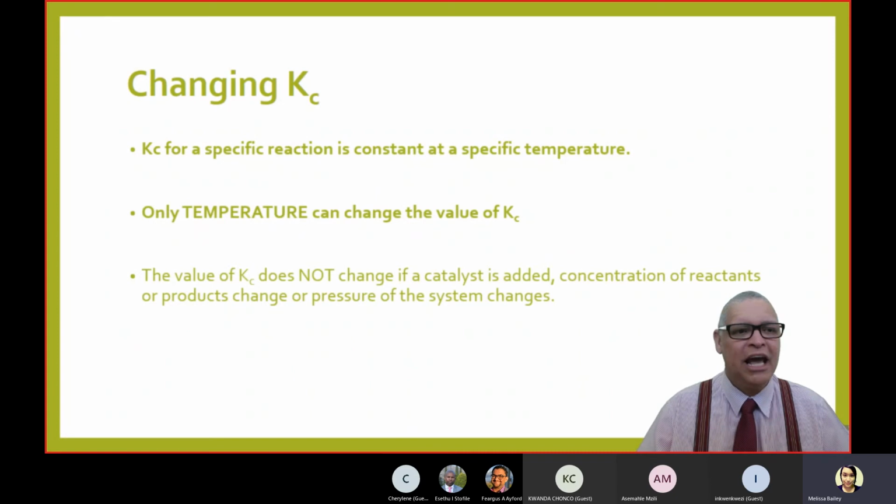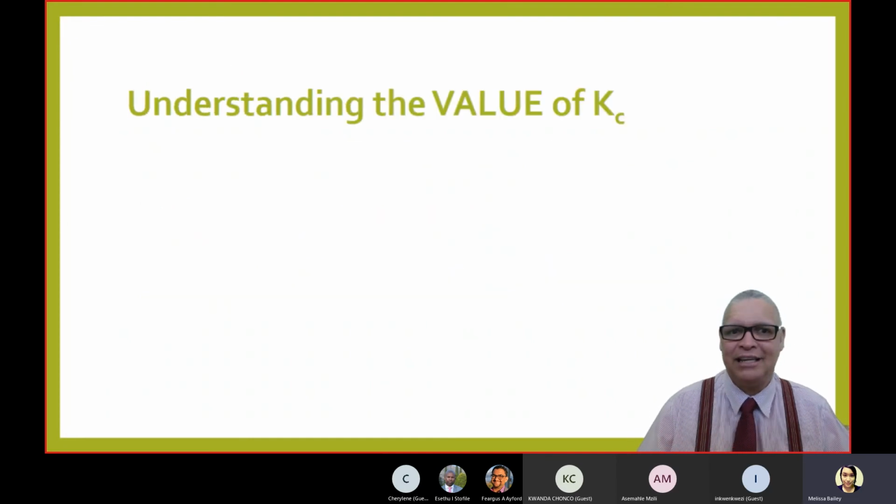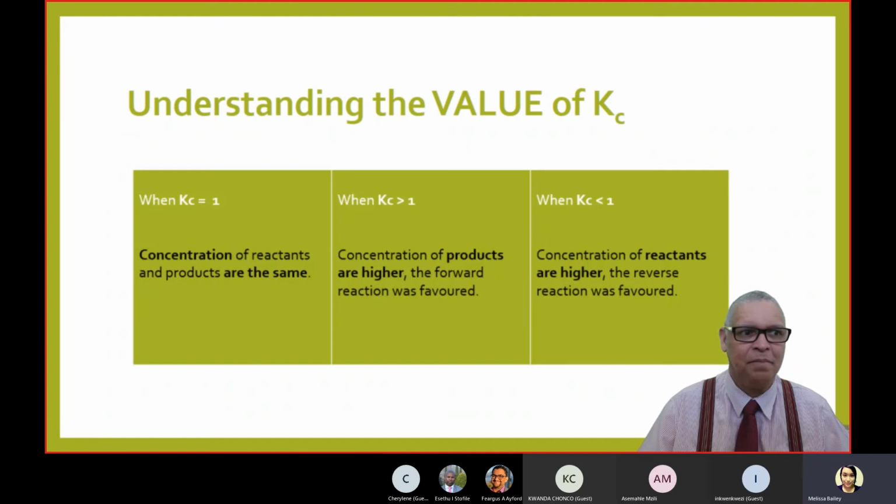Have you got that, grade 12s? So if you add a catalyst, if the concentration of the reactants or products change, or the pressure of the system changes, the Kc value will not change. Only the temperature will change the value of the Kc expression or Kc value.